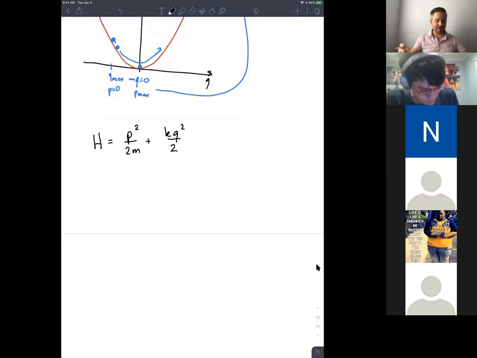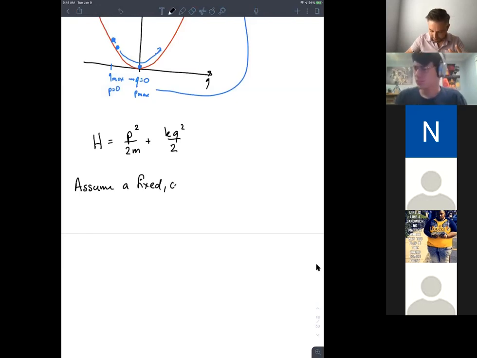Okay, so now what I'm interested in are, so again, let's assume I have a fixed, constant energy, which I'm going to call E naught.